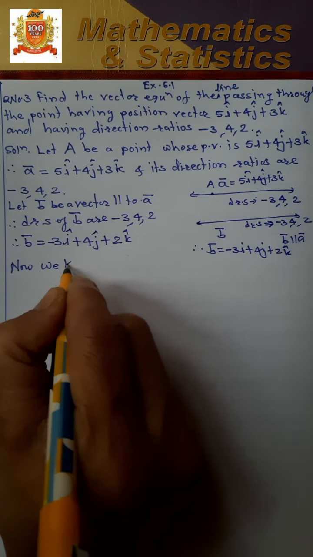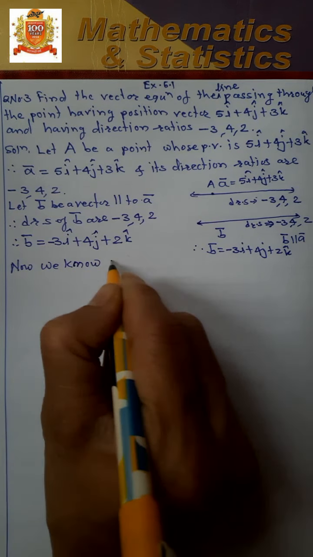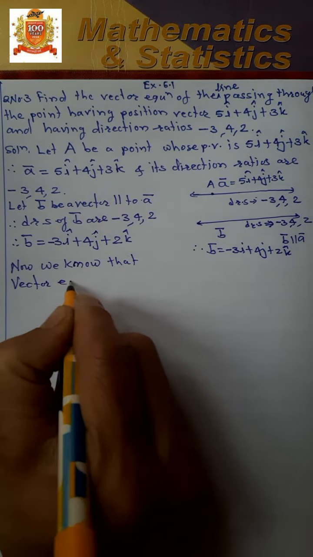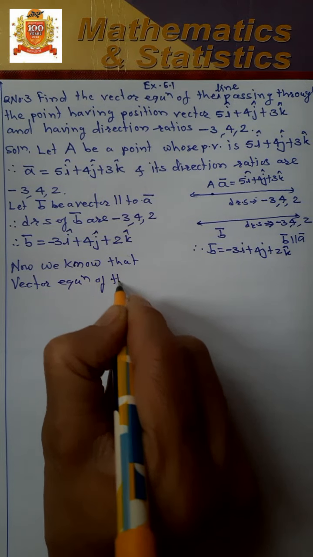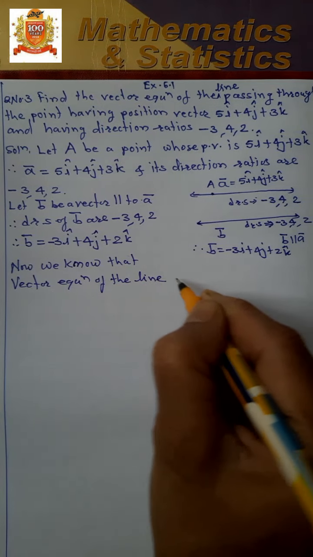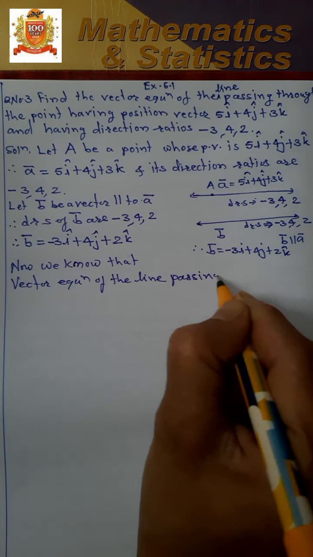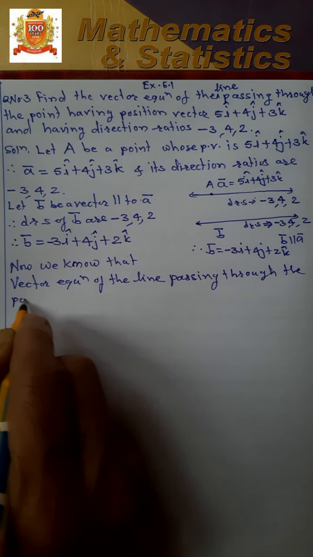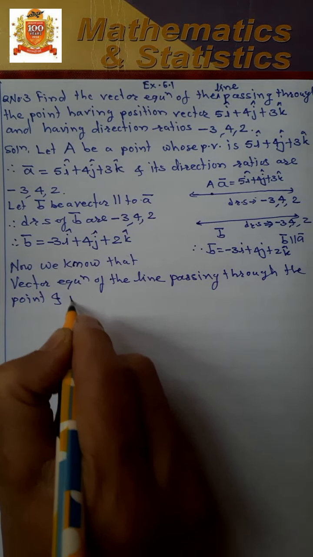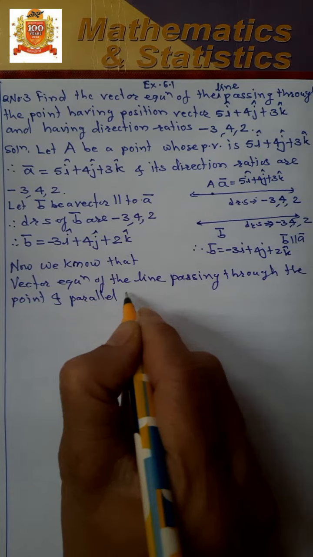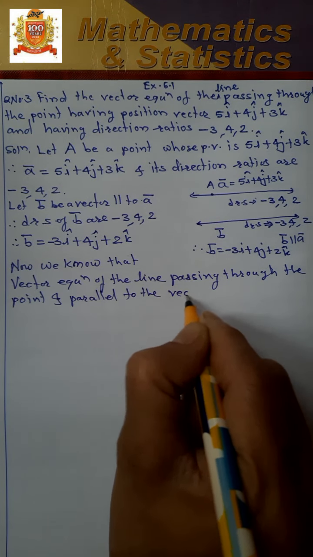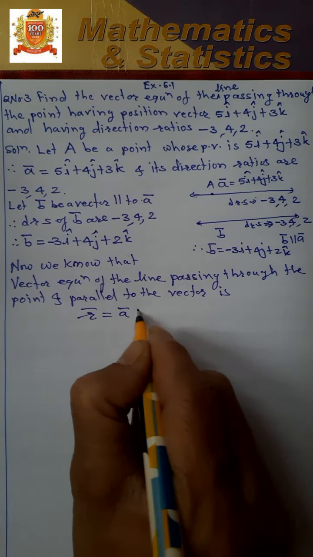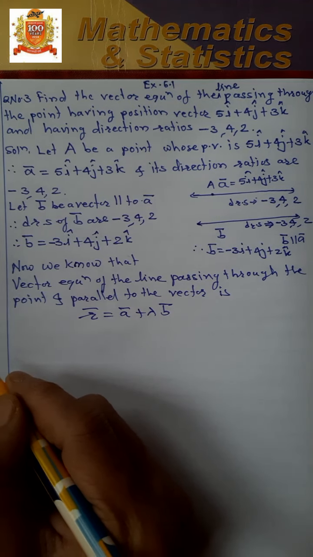Now, we know that the vector equation of the line passing through the point and parallel to the vector is r bar is equal to A bar plus lambda b bar. Now put the values.